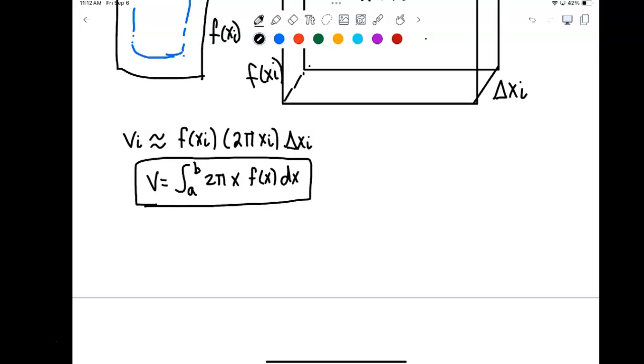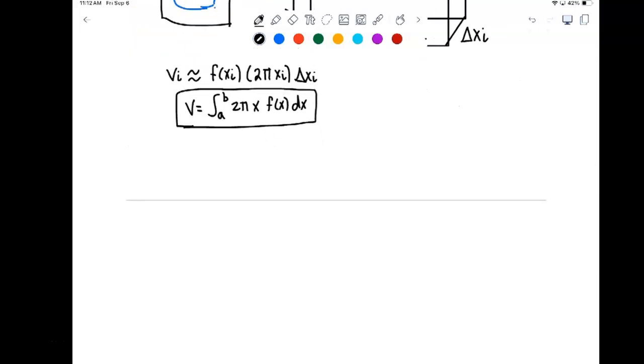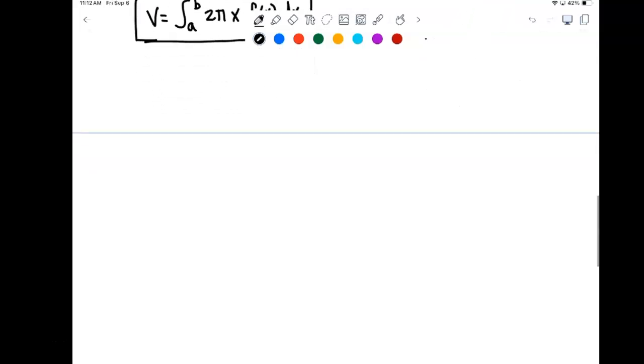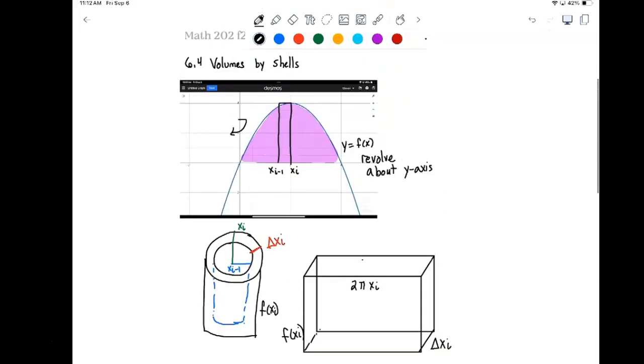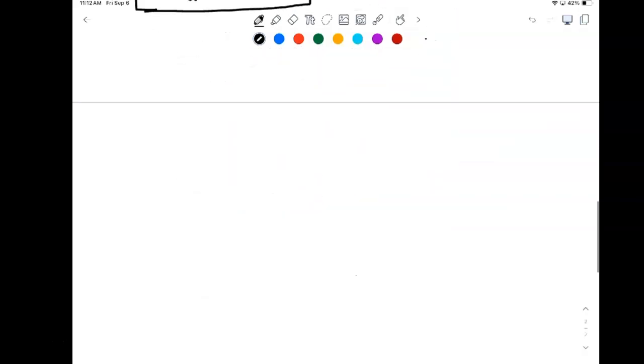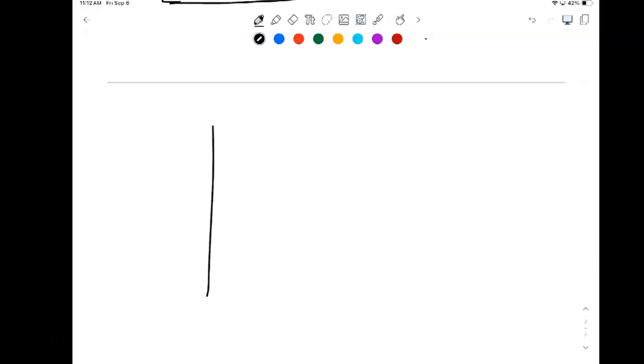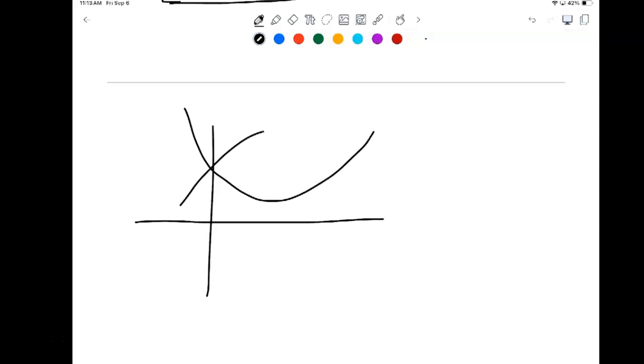using cylindrical shells. And if we were to continue on and have a region that was, once again, instead of touching the x-axis as it did here, if we had a volume that we were generating that was based off of a region between two functions, right?